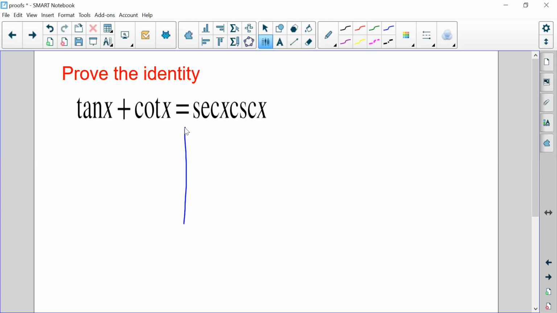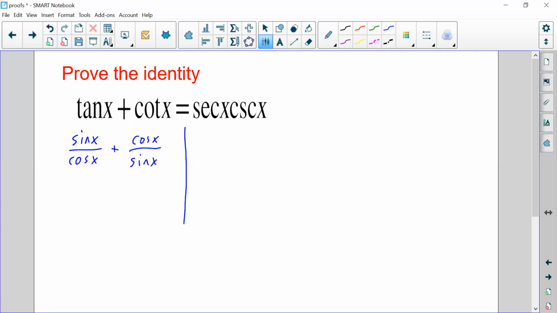All right, so let's change everything to sine and cosine. I know tangent is the same thing as sine over cosine, and I know cotangent is the same thing as cosine over sine. I think that's true, right? Now, what have I got? I talked about this yesterday.